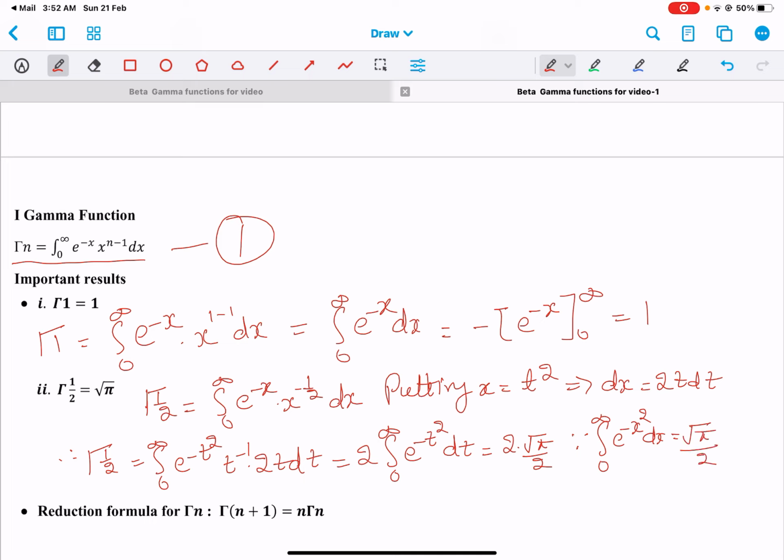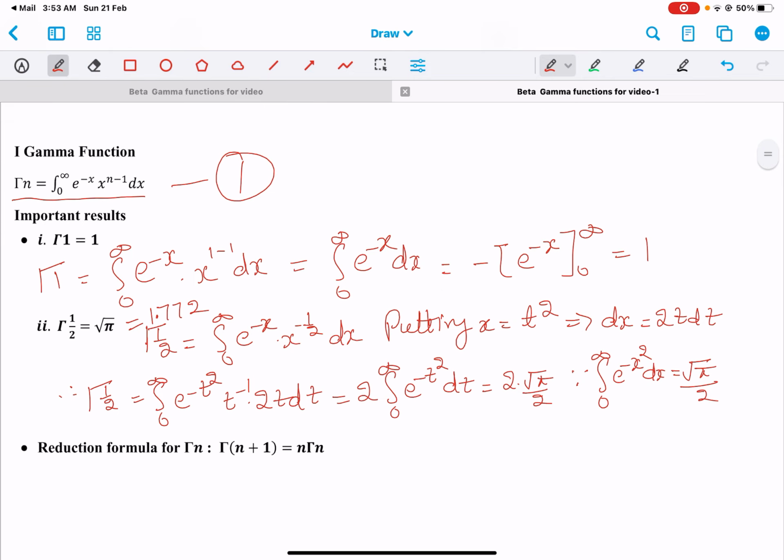This is a standard result which we can derive using complex numbers. So gamma half is nothing but root pi, which may be written as 1.772.